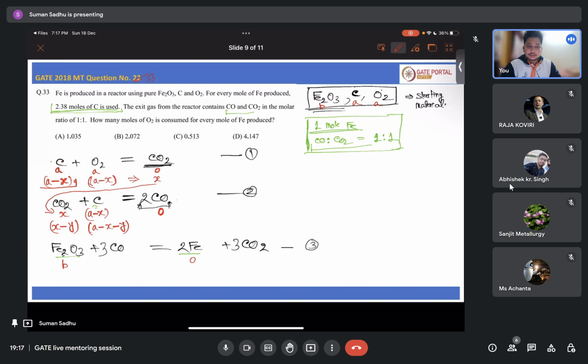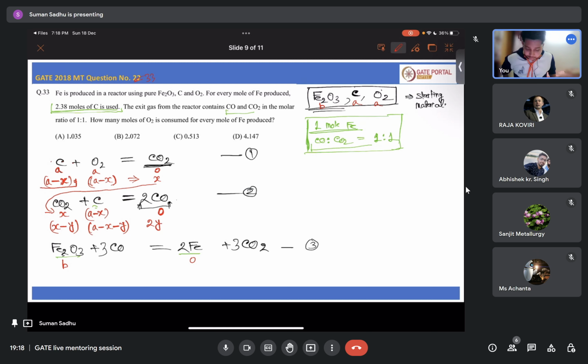This is simple mass balance, molar ratio. It is 2y, right? Everyone understood? This is simple mathematics.